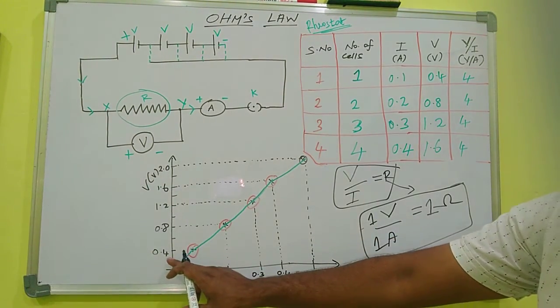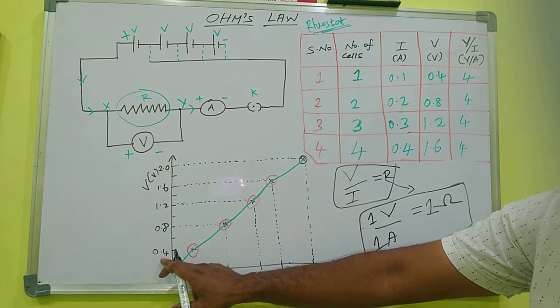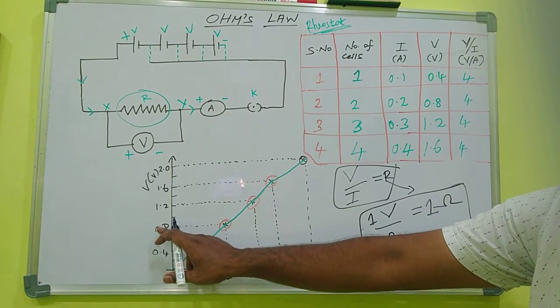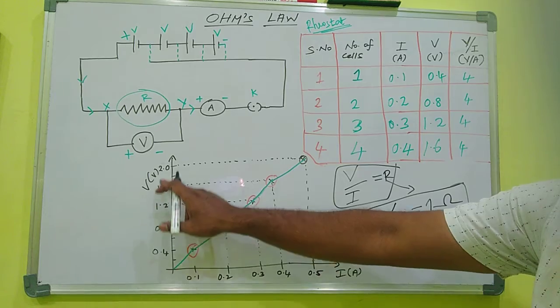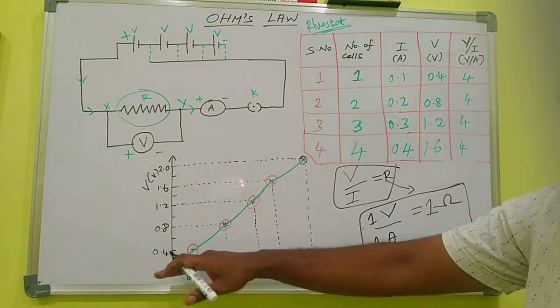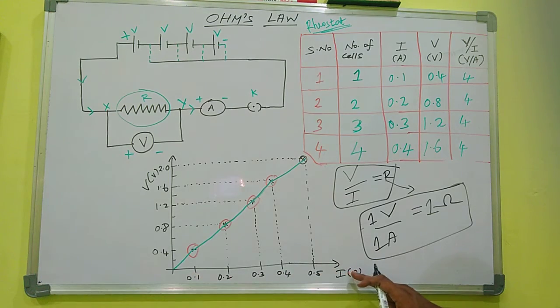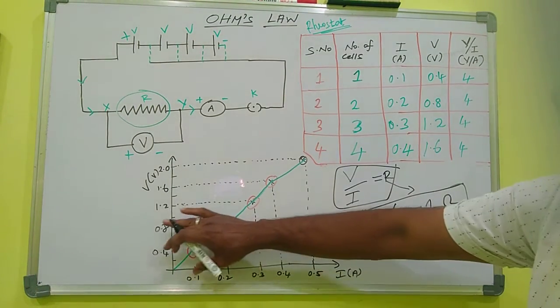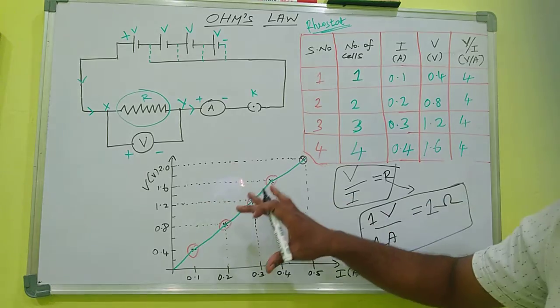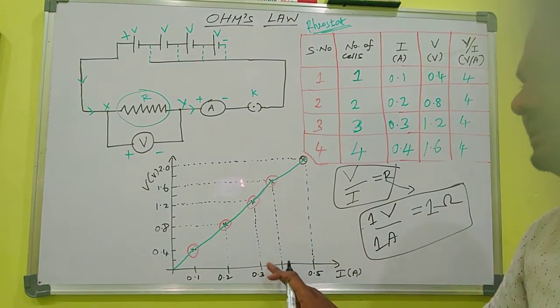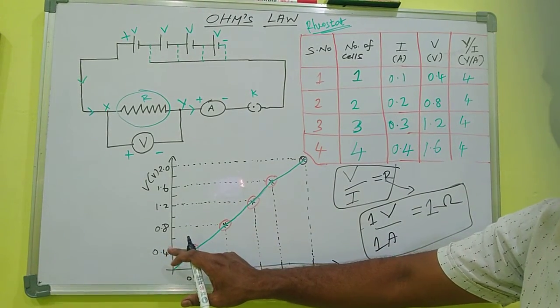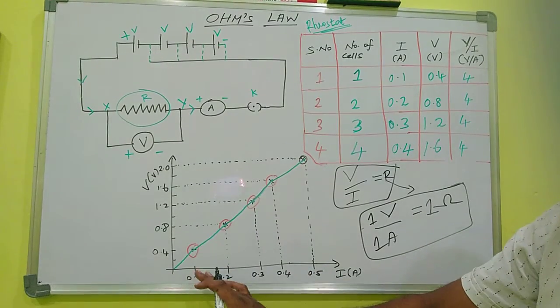We gradually increase the potential difference: 0.4, 0.8, 1.2, 1.6, 2.0. By gradually increasing the potential difference, the current also increases. Both are increasing gradually. Current and the potential difference are directly proportional.